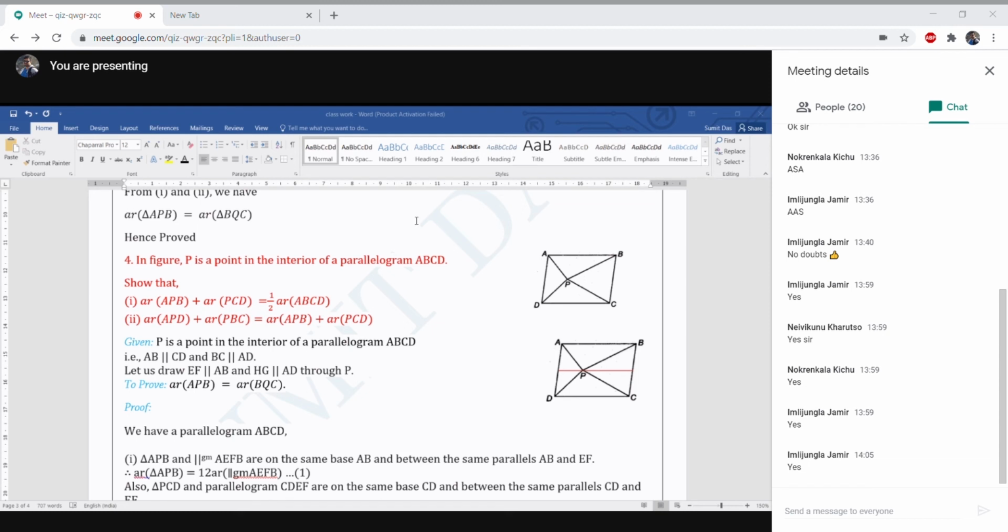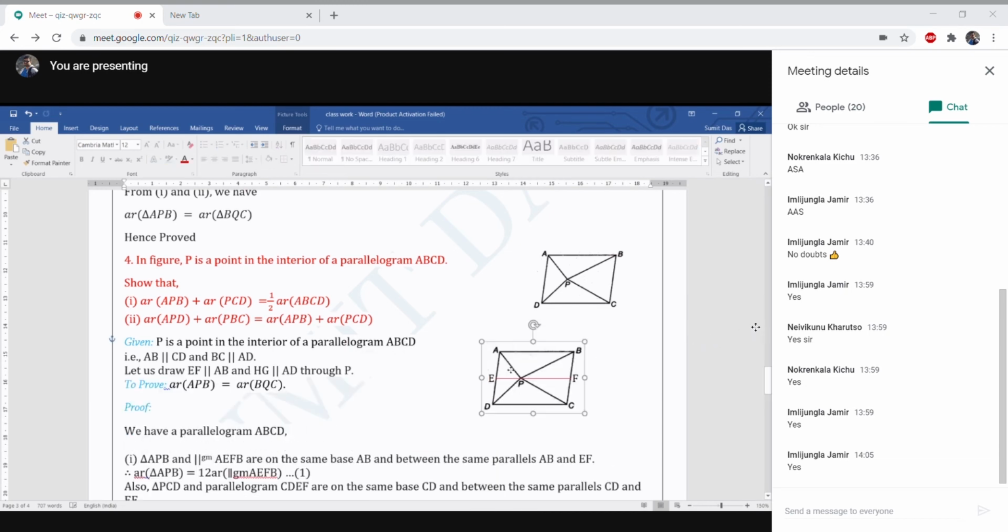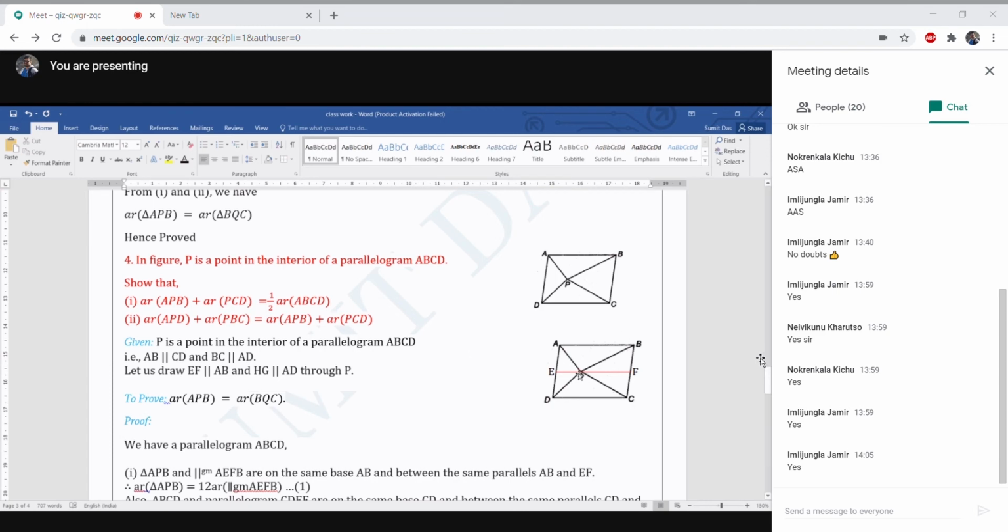Just wait a minute. And we'll draw this, that EF parallel to AB through P. EF parallel to AB through P. Okay, that's what we have to write.